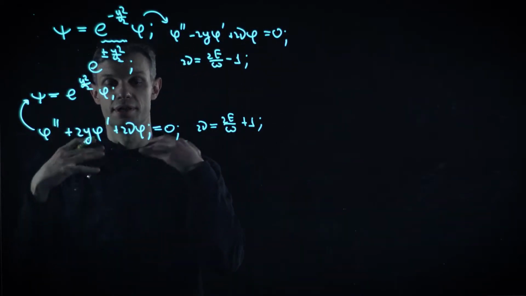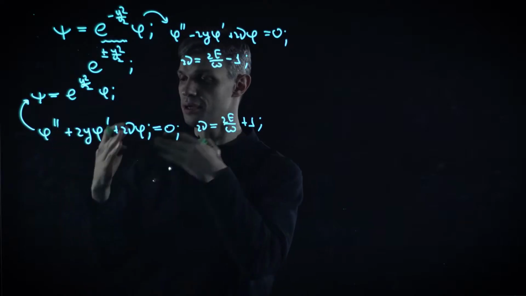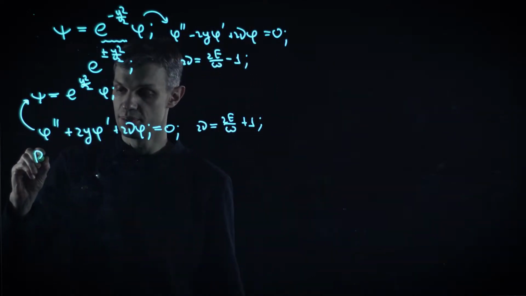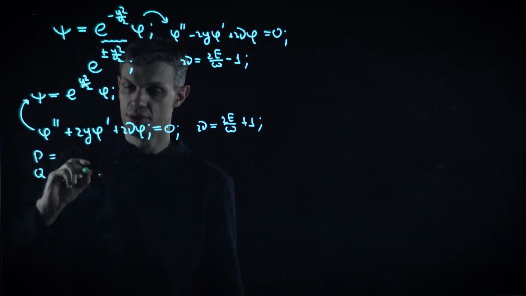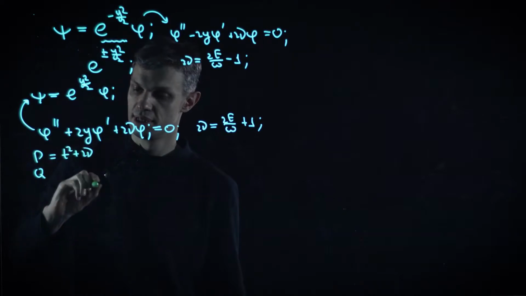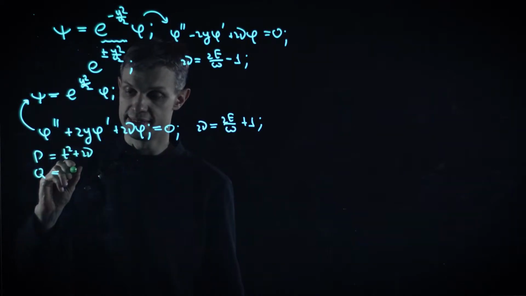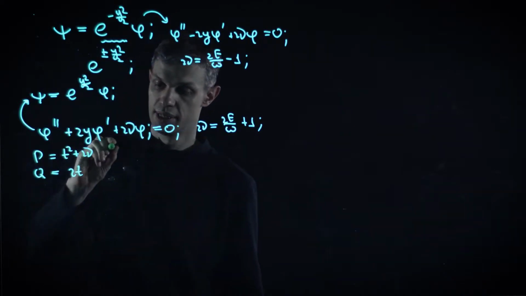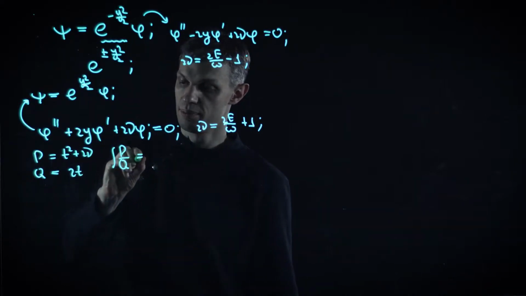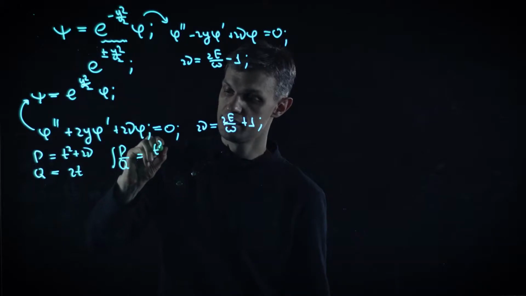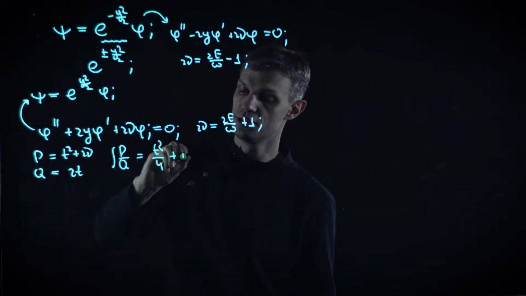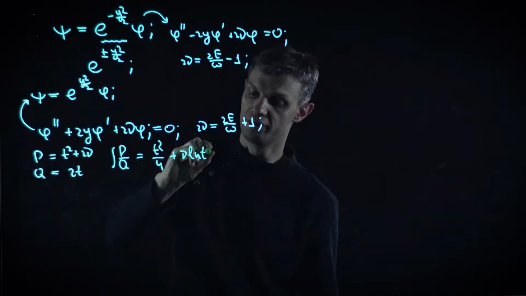From this point, the exploration of the analytical structure of the equation is almost identical. So again, we write down the p and q polynomials: the p polynomial is identical to the previous one, and the q differs just by sign. And the corresponding integral becomes t squared over 4 plus nu logarithm of t.